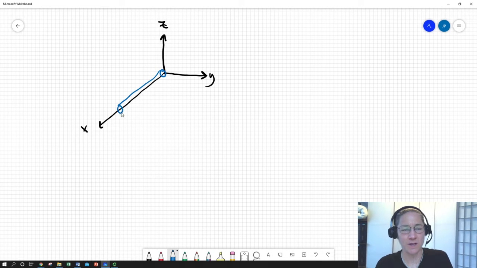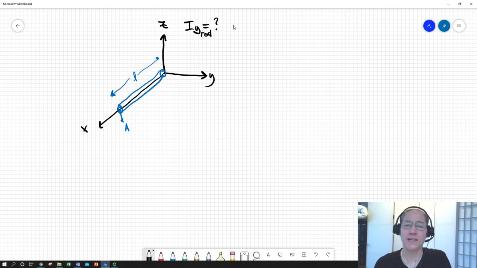We can assume it has an area, A. It's got a length L. And we're asked for the problem, what is the mass moment of inertia of that rod about the y-axis?